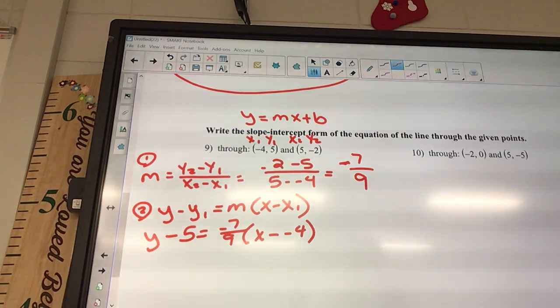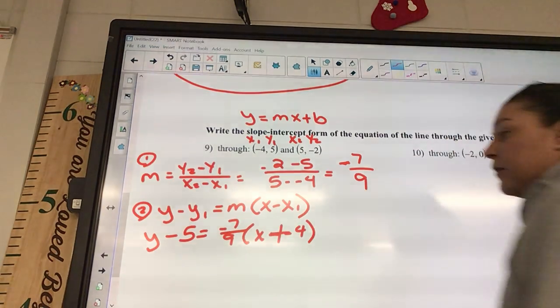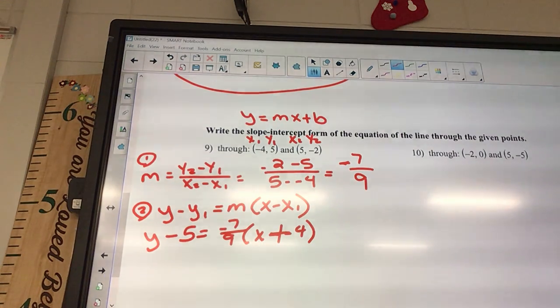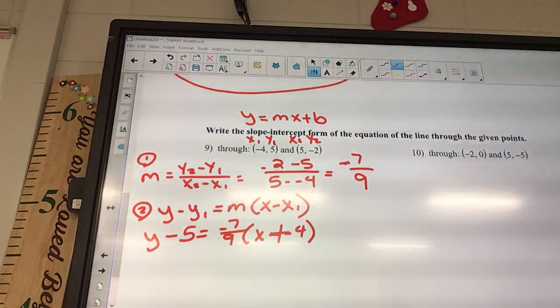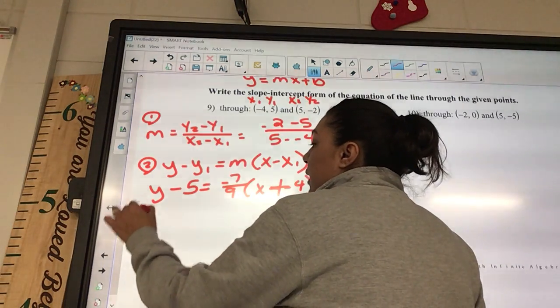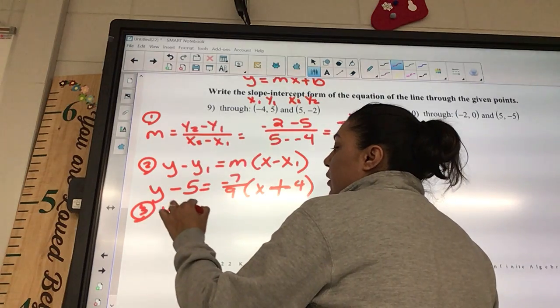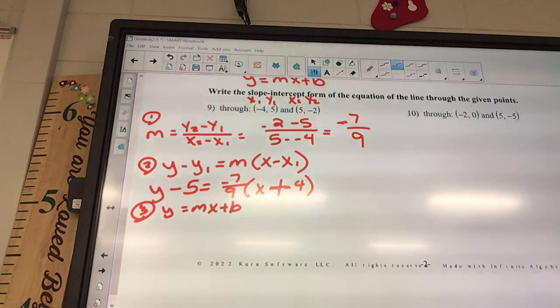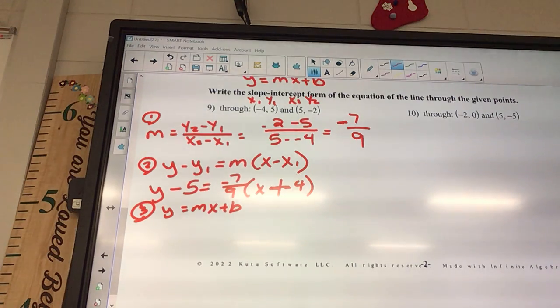So you need to change this minus into a plus. And then our step 3 is going to get it into this slope-intercept form.